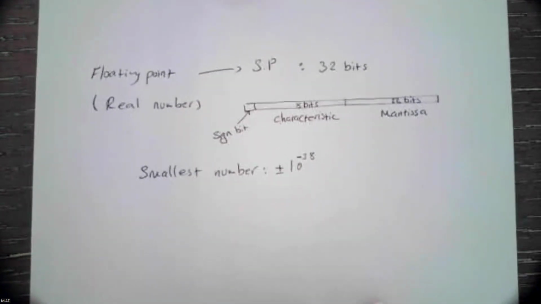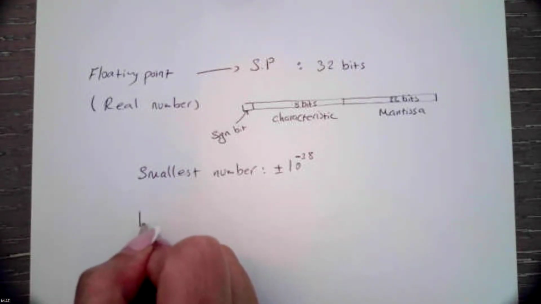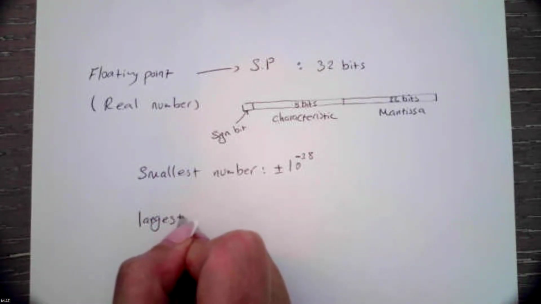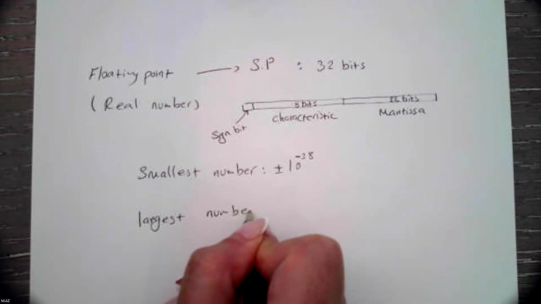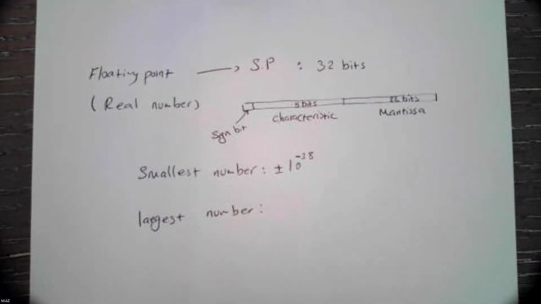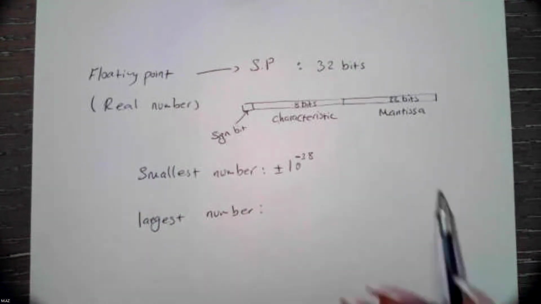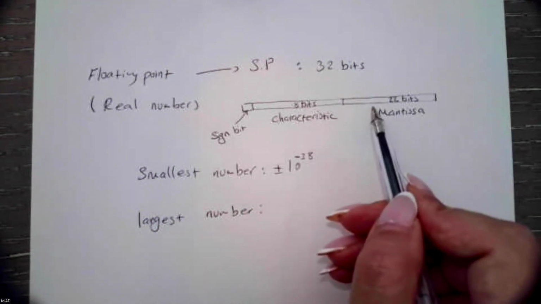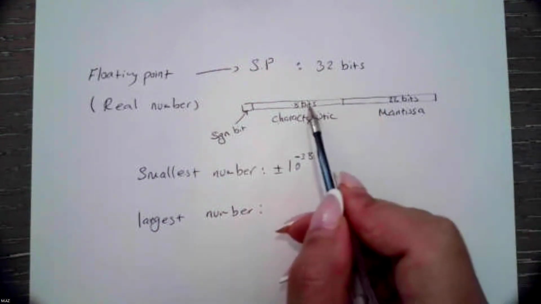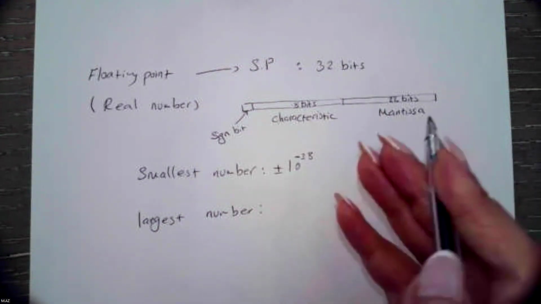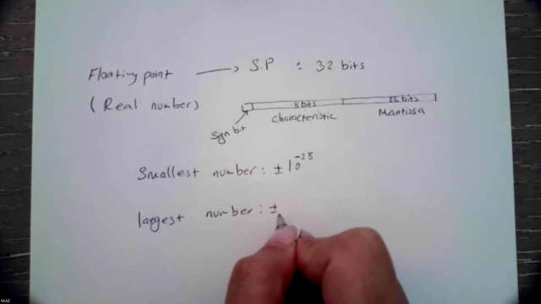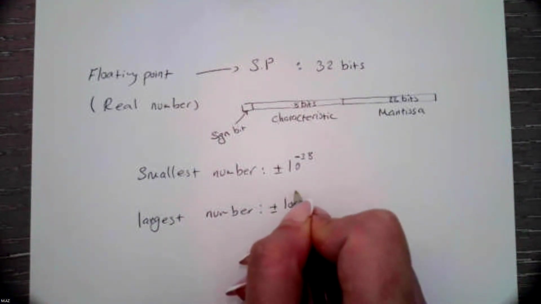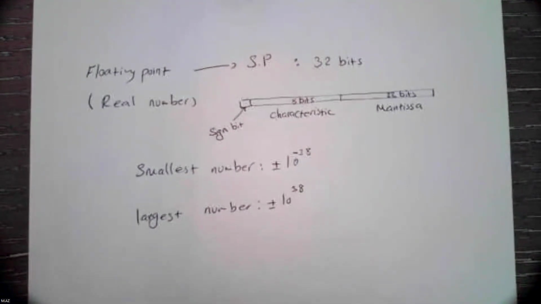Okay, and how about the largest number for the single precision of the real number? The largest number corresponds to 1 in all bits in the characteristic and the mantissa, okay, and the value becomes plus minus 10 to the power 38.